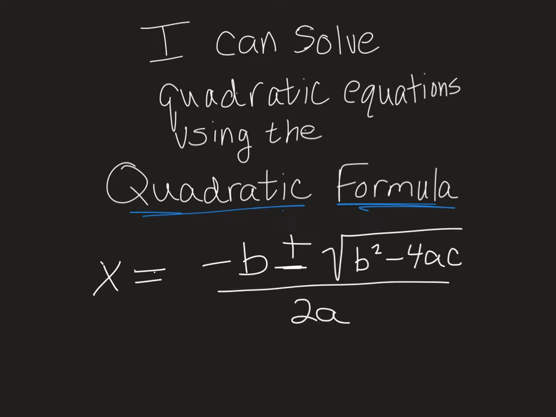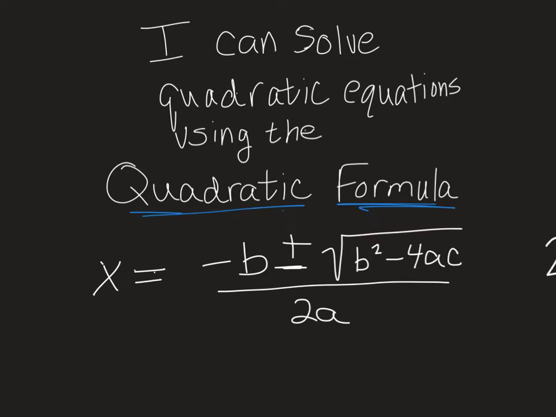Seems really complicated, but after you get a couple under your belt, you realize it's really not that bad. The hardest part is just memorizing the formula, and there's literally a gazillion videos out there in YouTube land to help you memorize this equation.